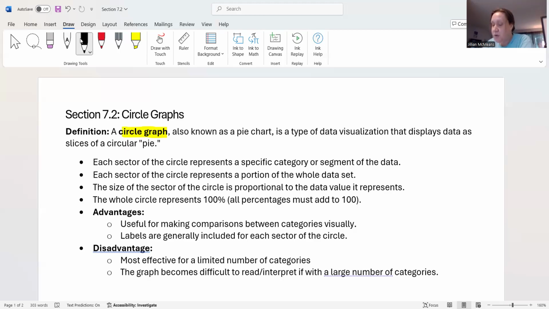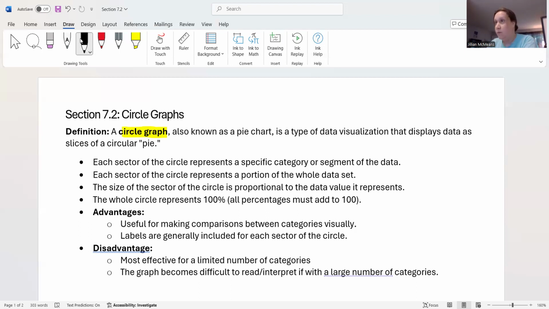So again, each sector of the circle represents a specific category or segment of the data. Each sector represents a portion of the whole data set. The size of the sector of the circle is proportional to the data value it represents.